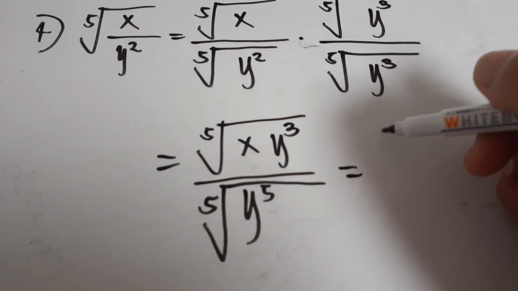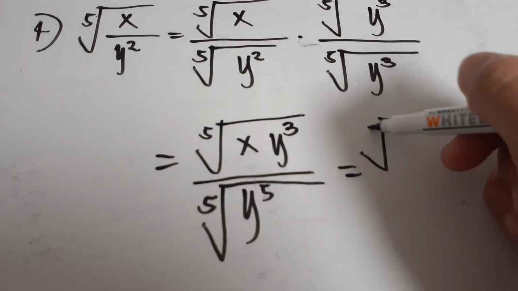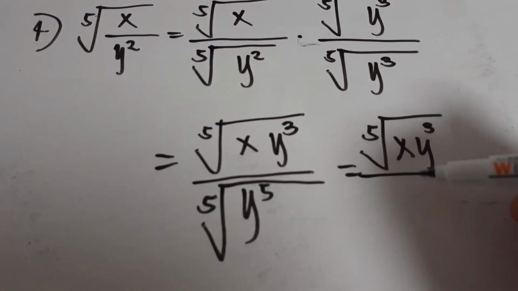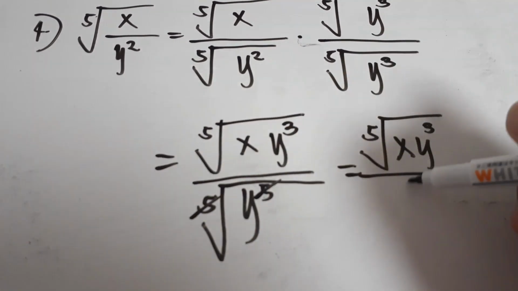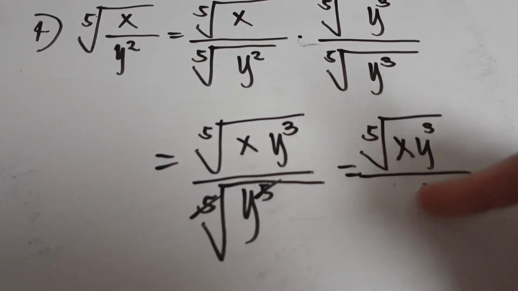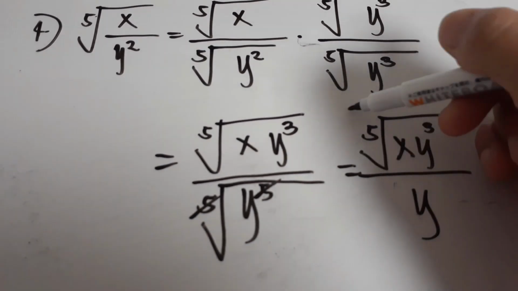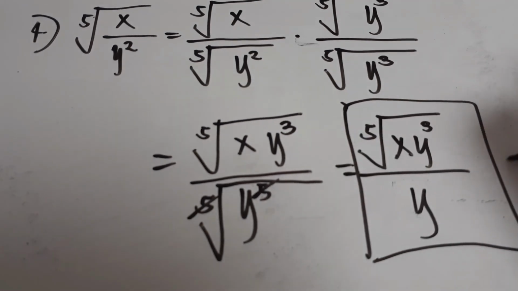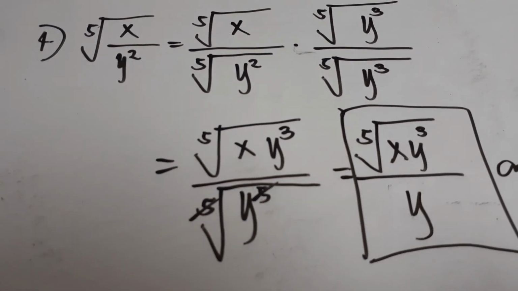Then we simplify, since there is no other factor. So we can write it down, fifth root of x y cubed, cancel out y under the denominator, and this is the answer, fifth root of x y cubed over y.